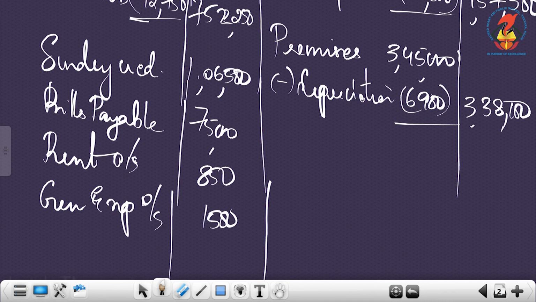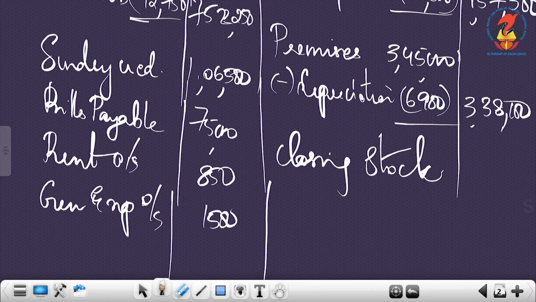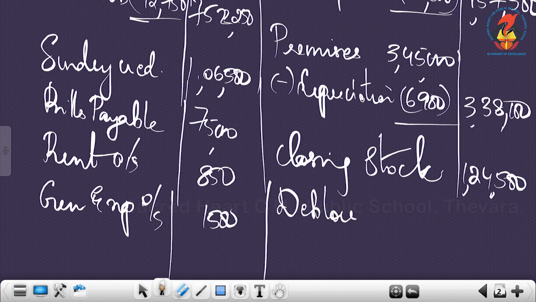Okay. Now on the asset side, next what we have to write is the current assets. Start with closing stock because you might miss closing stock since it is given as adjustment. This is 1,24,500. Then we have debtors for which we have adjustment. So write in the inner column 3,20,000.